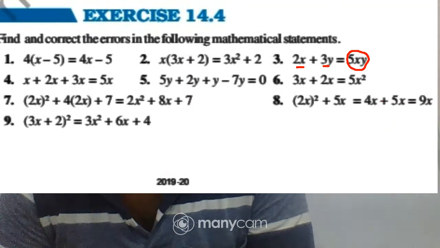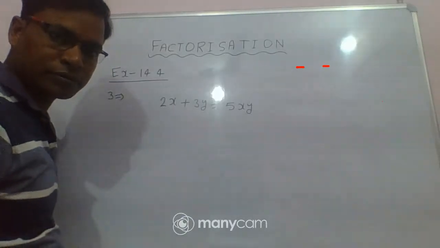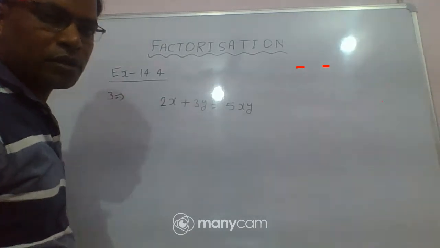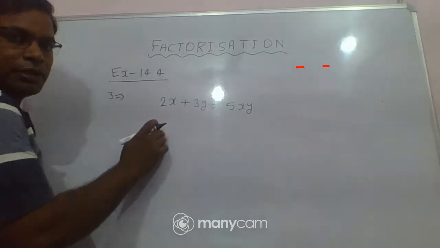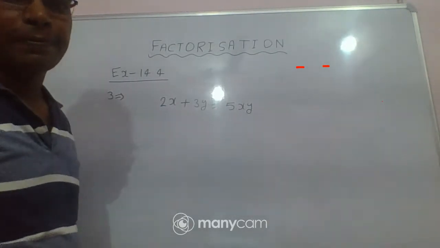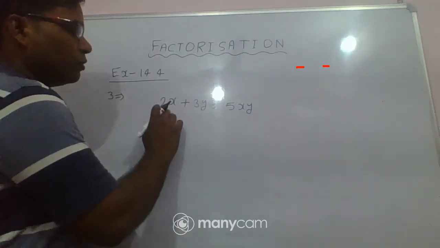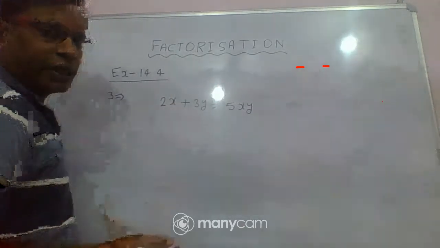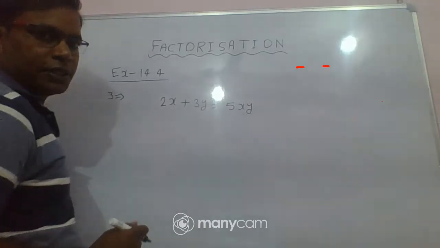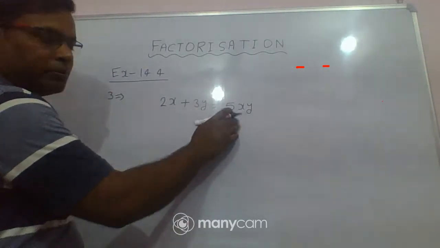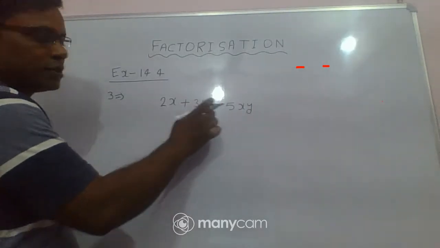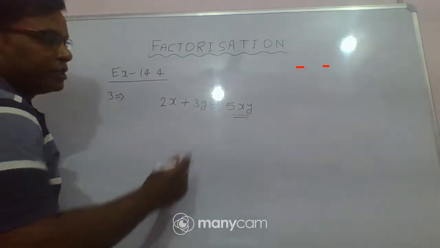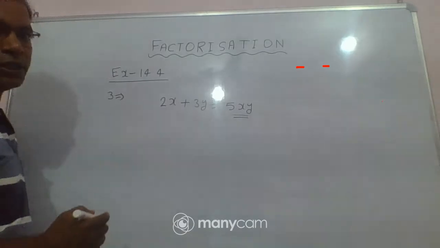Our correct mathematical statement is this. This is question number 3, the given mathematical statement 2x plus 3y. You know x and y are unlike terms, so addition is not possible here, but in this given statement we add them. 2x plus 3y is equal to 5xy.